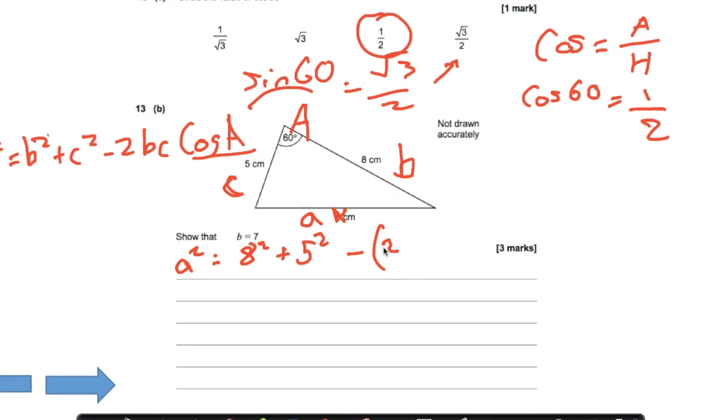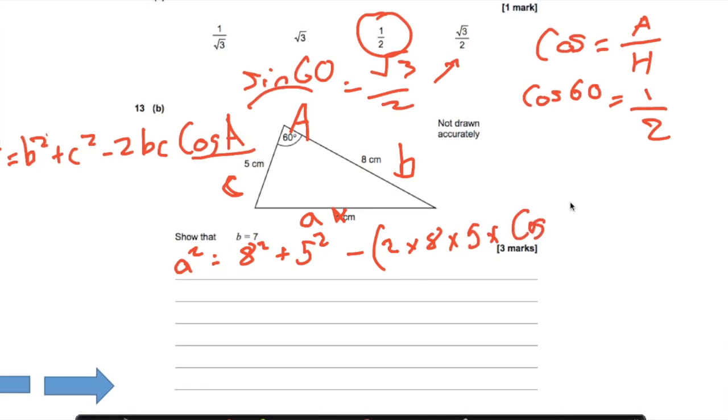So 2 lots of 2 times BC, so 2 times 8 times 5 times cos of 60.